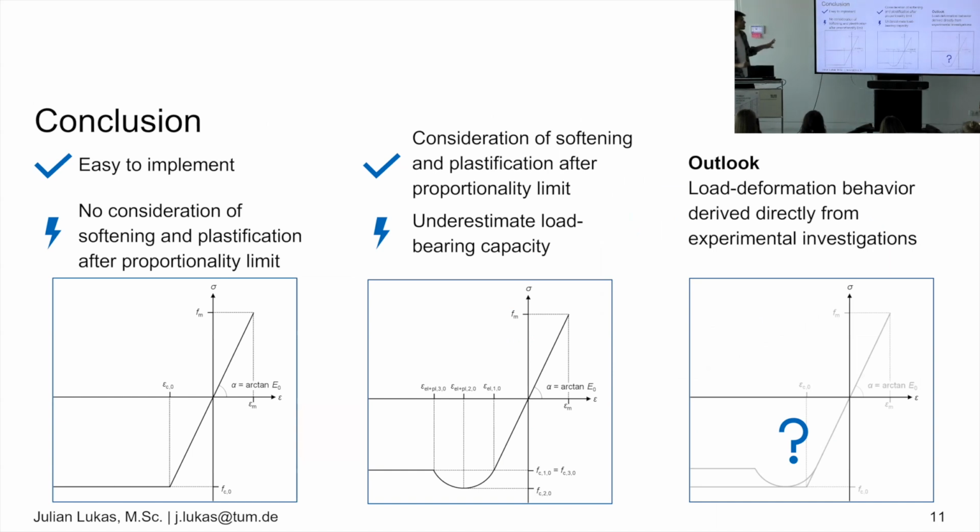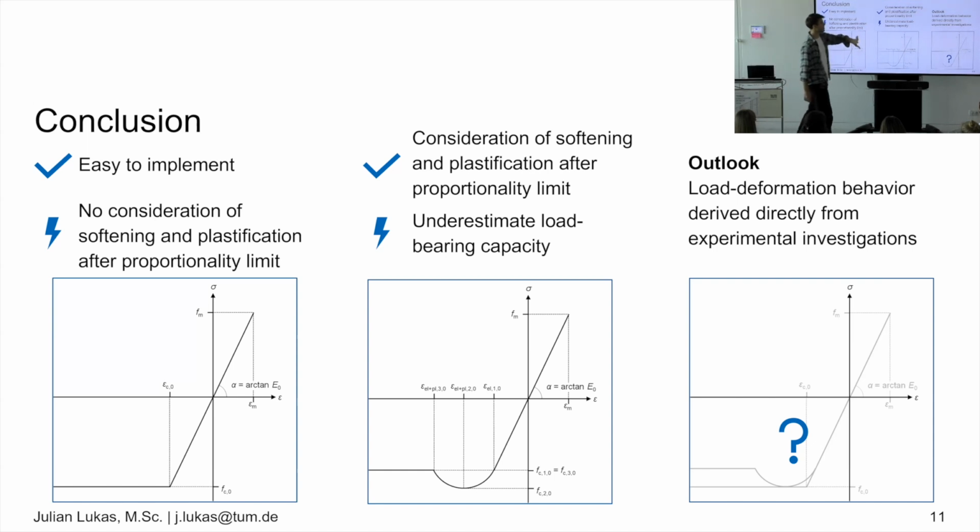So in conclusion, what I already expected, the bilinear model is easy to implement, and the problem for that is I have no consideration of the softening and plastification whatsoever. So this model is no choice for me at the end to use when I look into stability behavior, because I need this plastification, I need this proportionality limit, I need all of that to model a real beam column at the end.